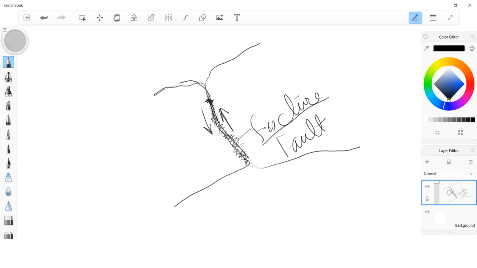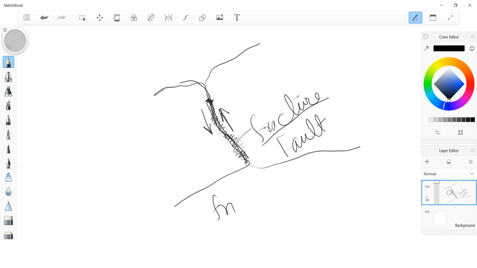So what happens due to this friction, since the plates cannot slide against each other, the energy starts to build, right? And that energy will continue to be stored at this interface, and as time passes, more and more energy is built here, and a time will come when this excess of energy will be able to overcome the friction.